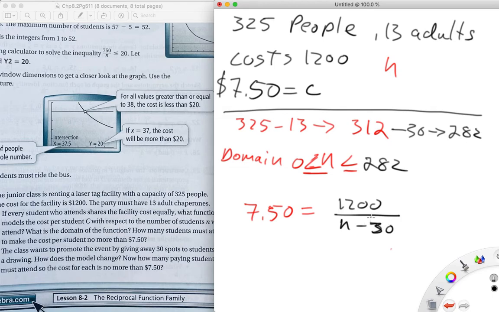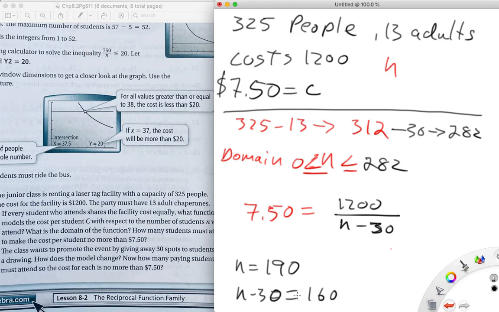How many students do I need now to still keep the 750 cost? Well, if I do the math, I get that n is equal to 190. But this is a little misleading because it's now not n for number of students, it's number of students minus 30. So if n equals 190, then n minus 30 still equals 160.